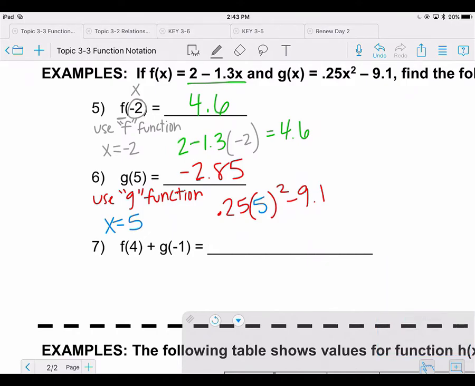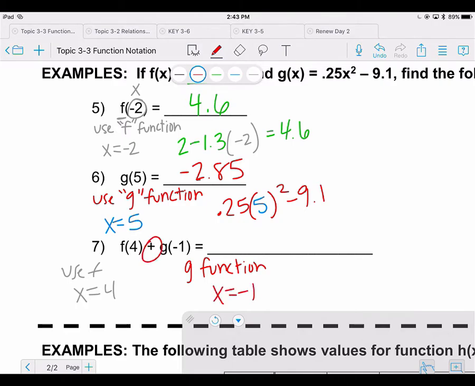Now in problem 7, there's two things they want us to use. First, they want us to use the f function when x equals 4, and they want us to use the g function when x equals negative 1, and then add them together. So first I'm going to find f of 4.